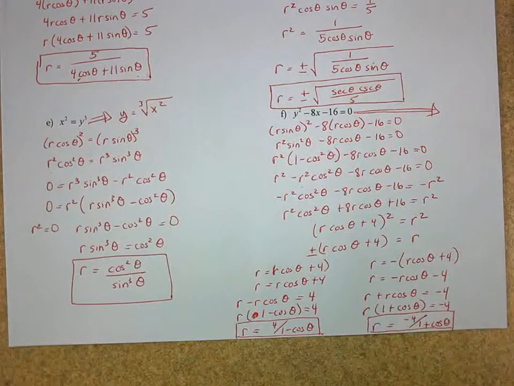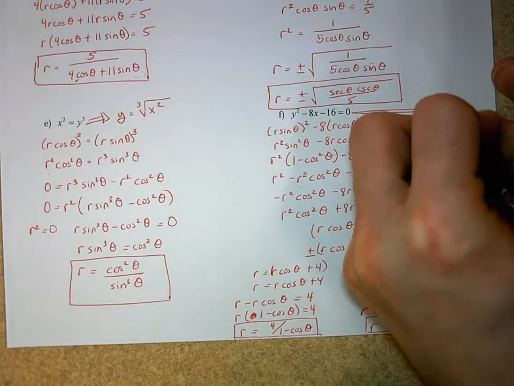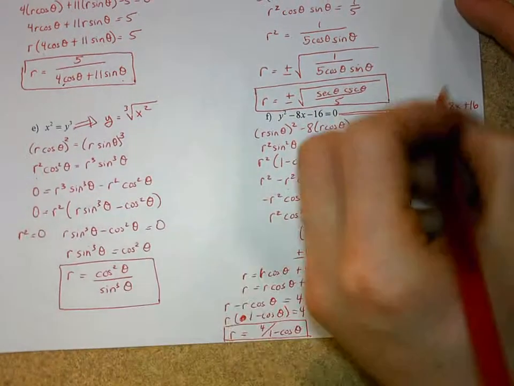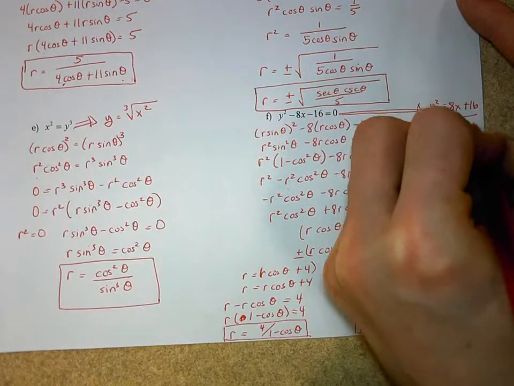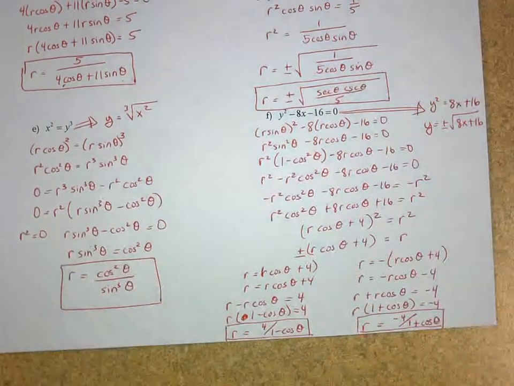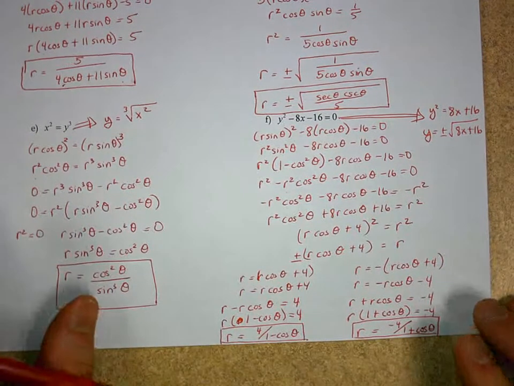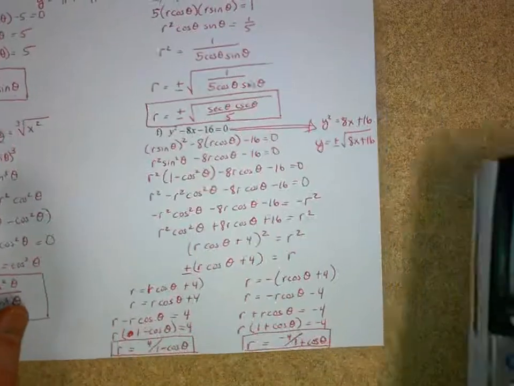So with this first one, we want to solve for y. So y squared is equal to 8x plus 16. And then we'll take the square root of both sides. So y equals plus or minus the square root of 8x plus 16. So in y1 and y2, we're going to put in the square root of 8x plus 16, then the negative square root of 8x plus 16.